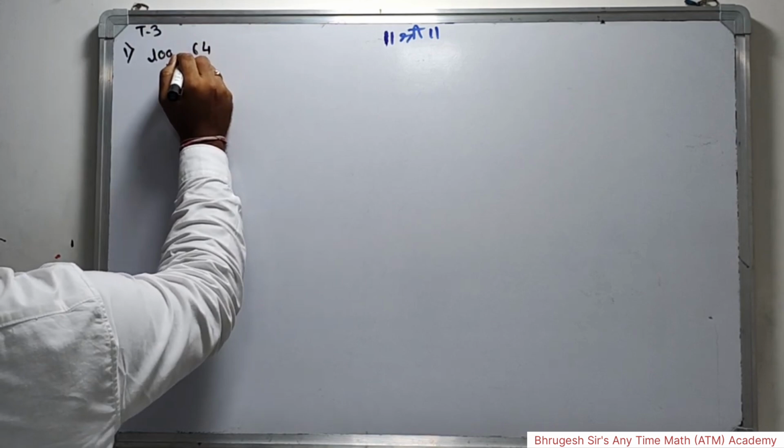Squaring on both the sides. या फिर ऐसे बोल सकते हैं, power when it goes from one side to another side become reciprocal. तो 2 हो जाएगा.